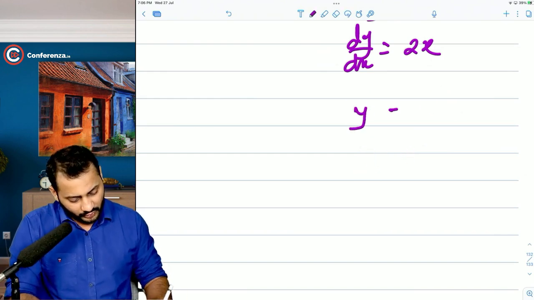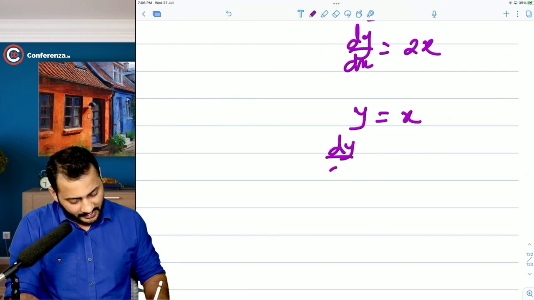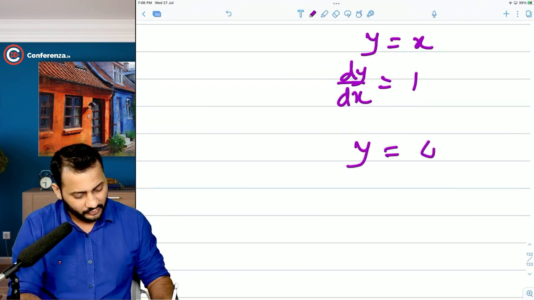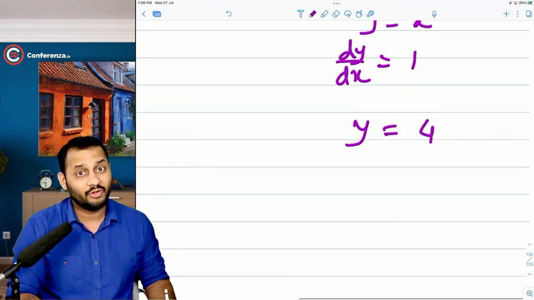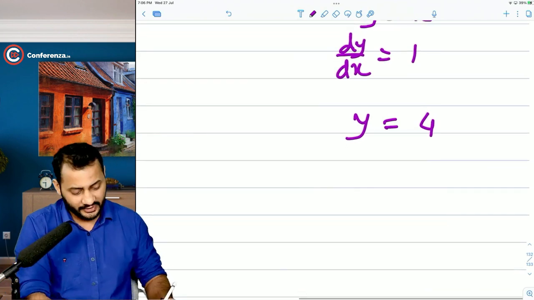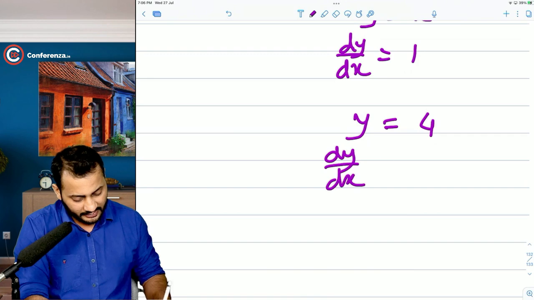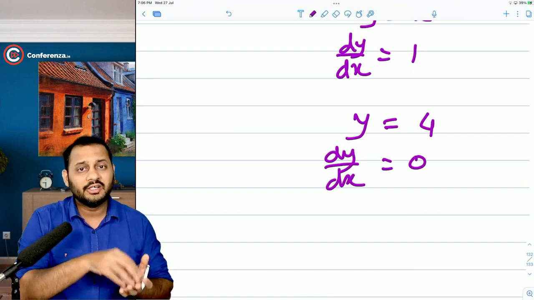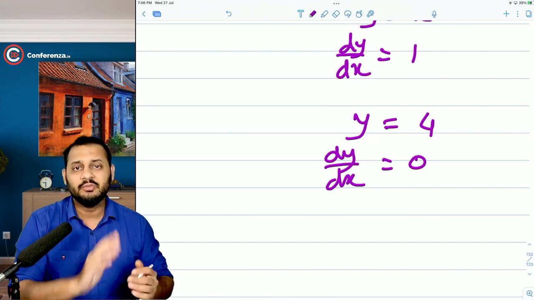So if y is equal to x, dy by dx is equal to 1. And if y is equal to 4, this is a constant with no x in it, and we are finding the solution with respect to x, then dy by dx is equal to 0. So if there is any constant which doesn't include x, the value will be 0.